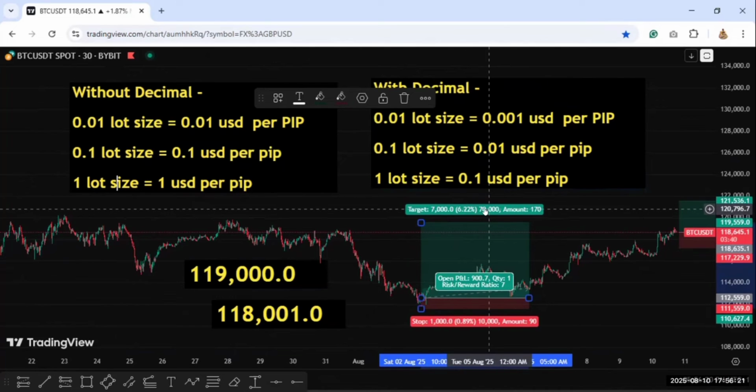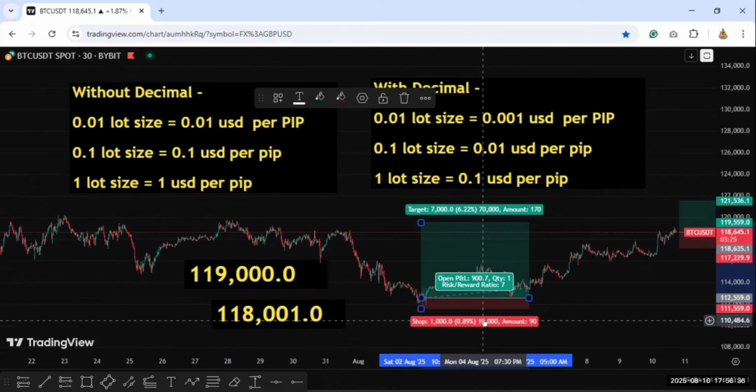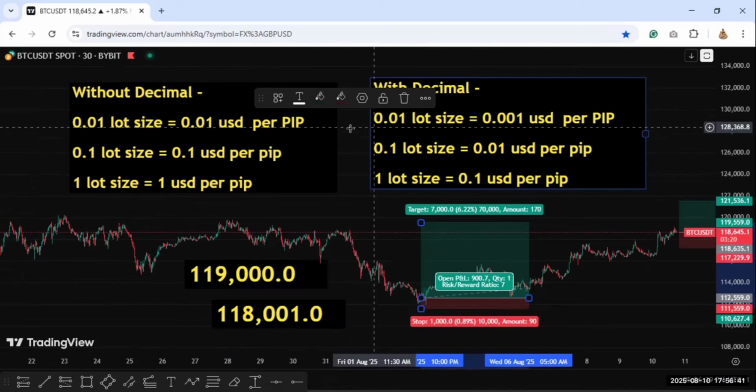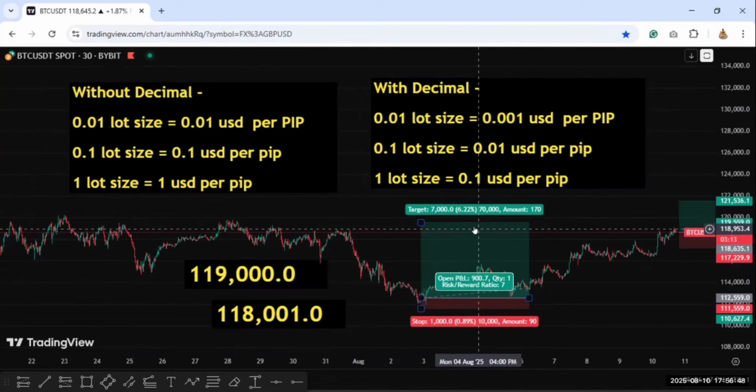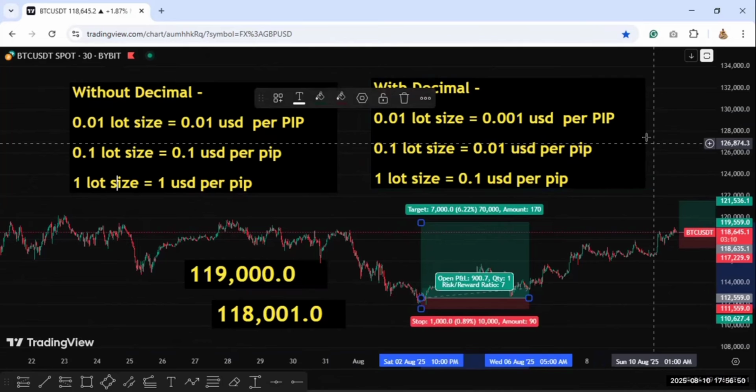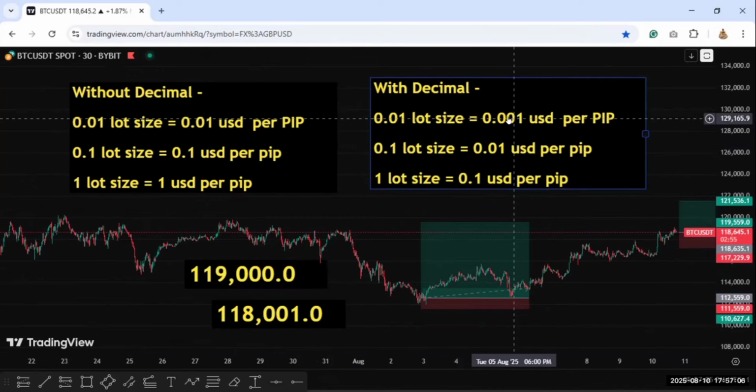So it means we are going to be targeting 70,000 pips. That is if you are using the decimal. If you are not going to use the decimal, then this will be your pips. So we are targeting 70,000 pips and we are risking 10,000 pips. So if we were to open a position with 0.01 lot and we are risking 10,000 pips, just the way we are seeing it here, because we care about the decimal, we are having $10 that we are risking in this trade.